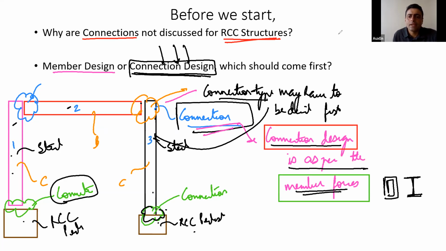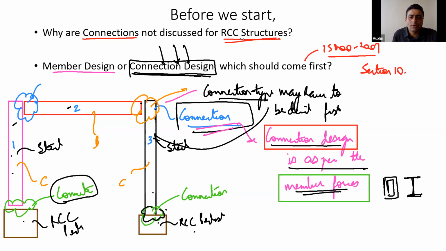If you look at the code IS800 2007, you will see that connection design is covered in which section? Yes, anyone remembers? So connection design is covered in section number 10. Okay.